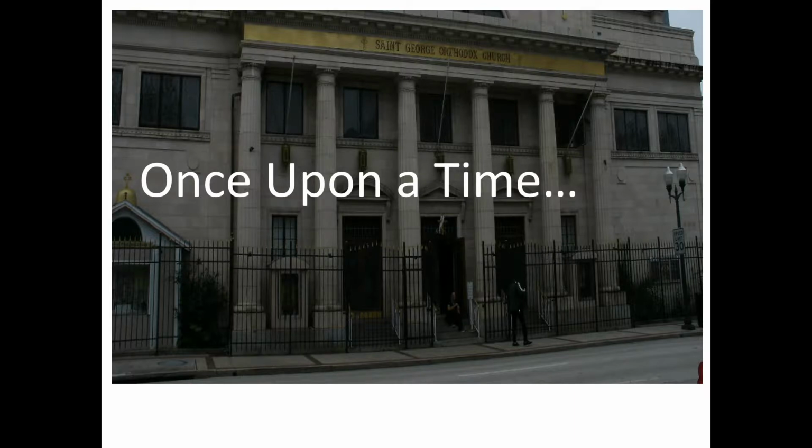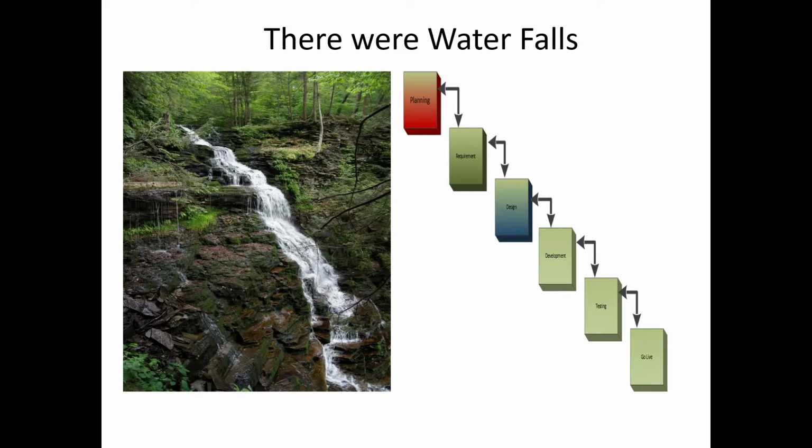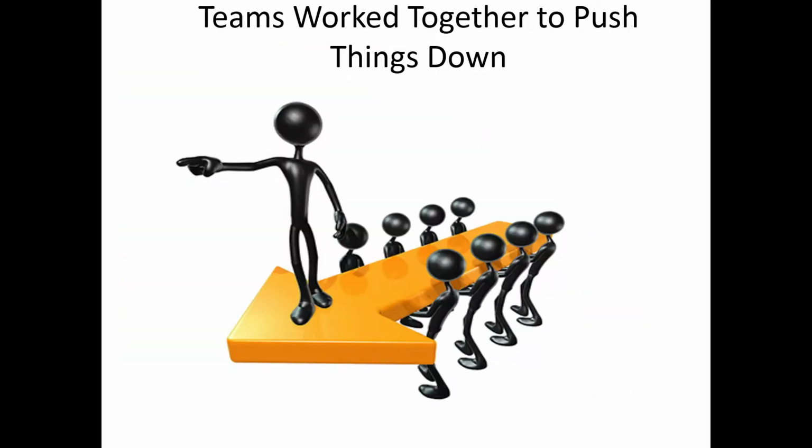Once upon a time, so I'm taking you on the journey, there were waterfalls. We all know these processes: planning, design, requirement, all these. We are very familiar with those. Our teams work together to push things down, right? Because it is down.